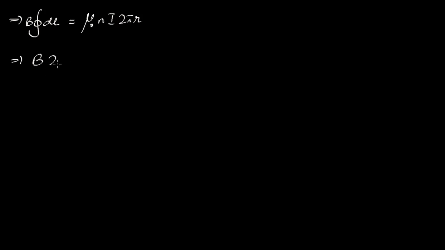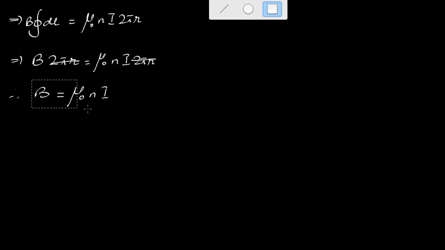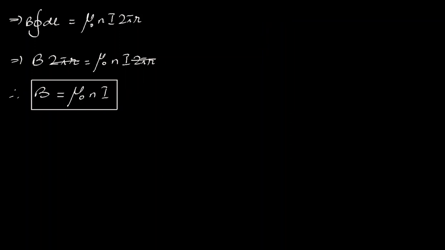So that comes out to be 2 pi r. So mu naught n I 2 pi r. This 2 pi r and 2 pi r will cancel, so you get B is equal to mu naught n I, and this is nothing but the same as the expression for the magnetic field due to a solenoid, and that is expected actually. Why?